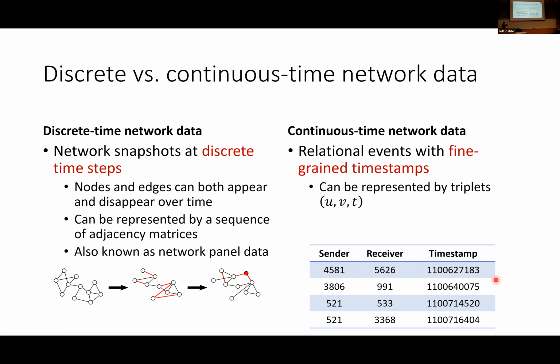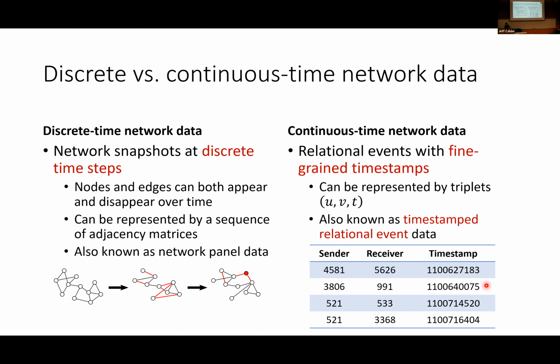And so your network is represented by this relational event table. This is also called timestamped relational event data. You don't have just a sequence of adjacency matrices because you've got these exact or close to exact timestamps.